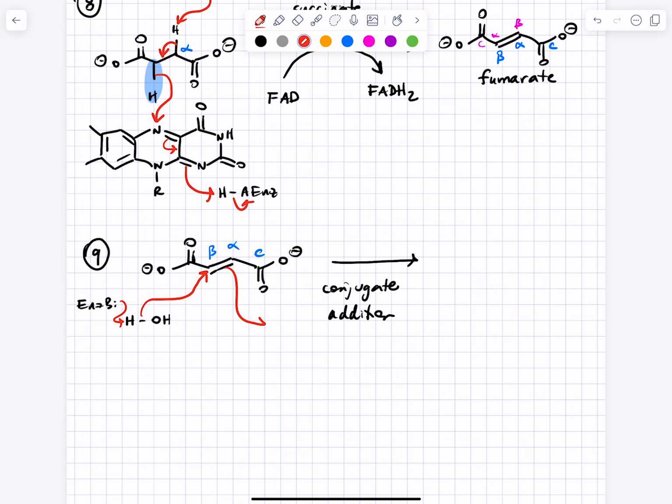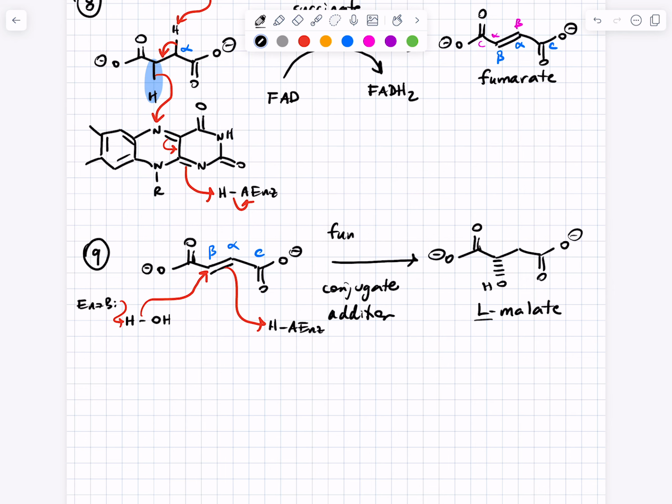Instead of showing an enolate forming, we'll just show the enolate getting protonated by some acidic group from the enzyme active site, and that creates the secondary alcohol that has this particular stereochemical configuration. That configuration is controlled by the enzyme, and to reflect the fact that this is enantiopure, meaning just one enantiomer, this molecule is called L-malate. And the enzyme that catalyzes this reaction is called fumarase, which is just the enzyme that acts on fumarate.